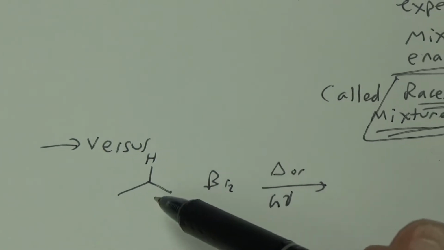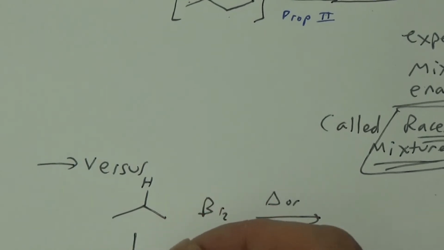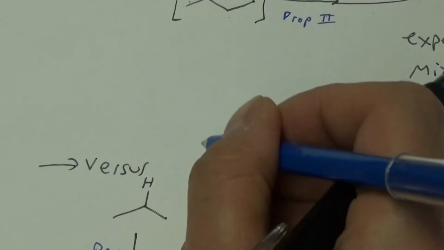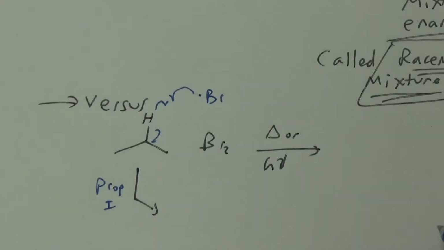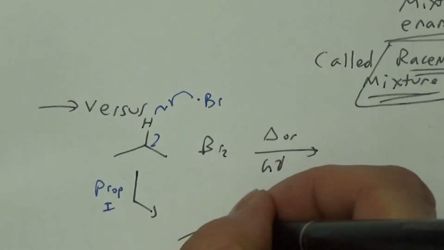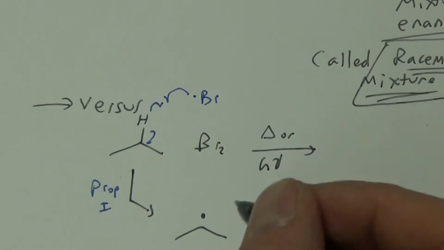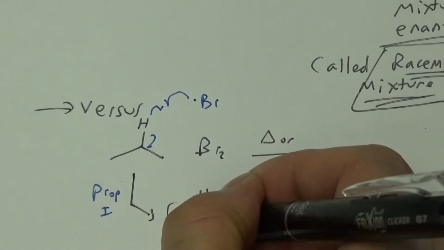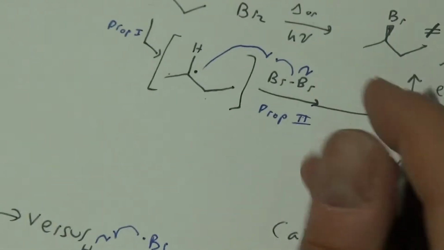So let's just draw the internal product. And actually, to do that, I'm going to also show propane. Br dot rips off the H, gives us a radical. The radical is planar. You have an H there. Yeah, it's a planar thing, just like it was planar up here.